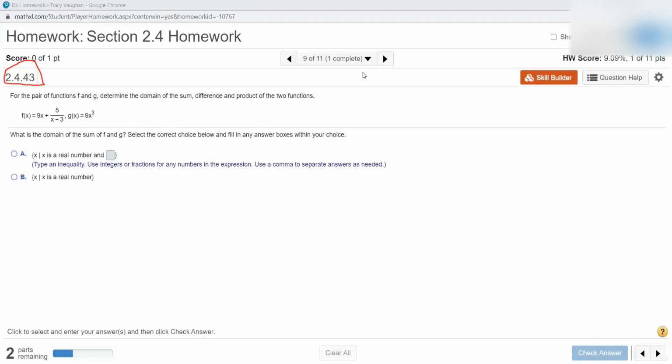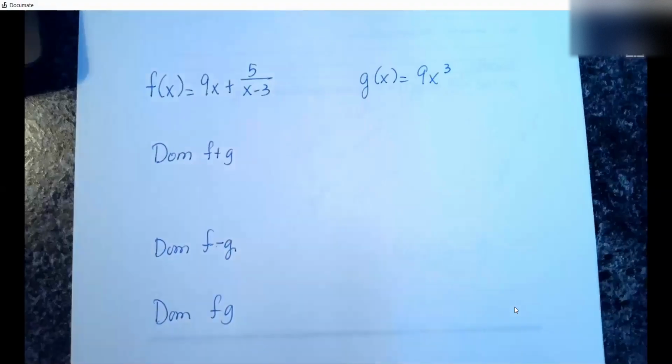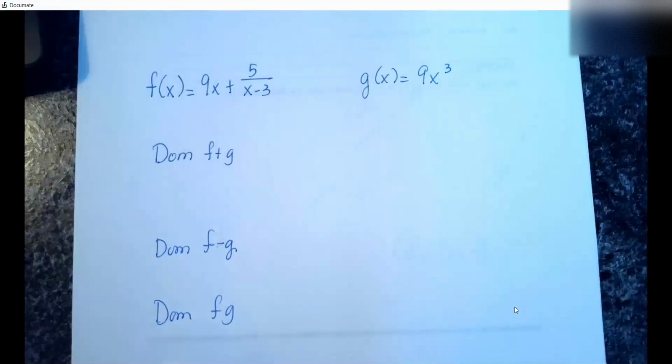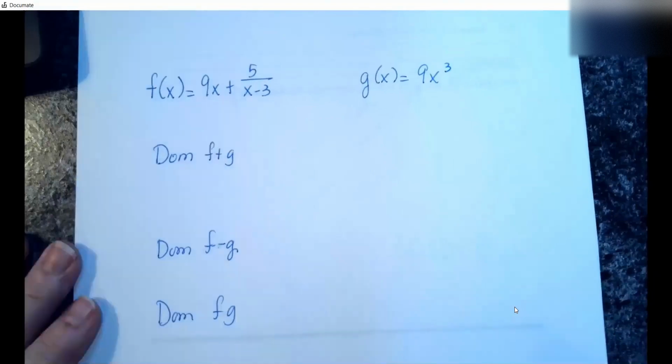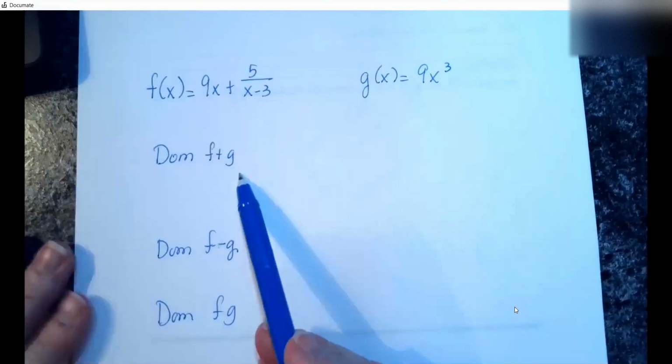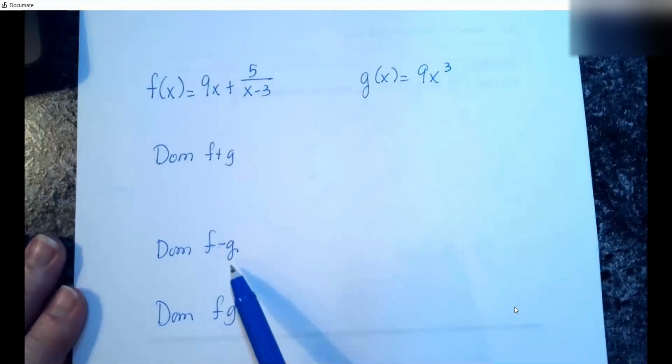And so I miss being able to do what you're doing. But all right. So do you all see this? I have that problem written down. Yes. Excellent. Okay, so remember to find the domain of f plus g, f minus g, and f times g.